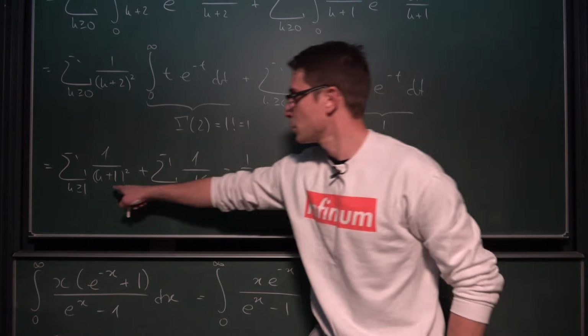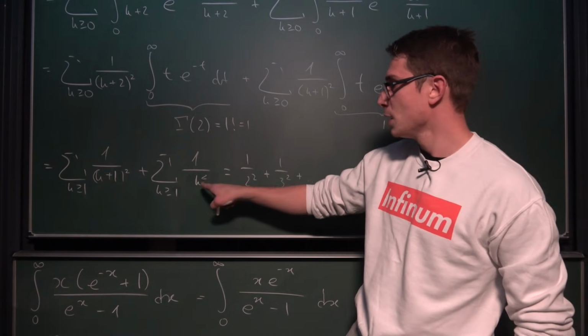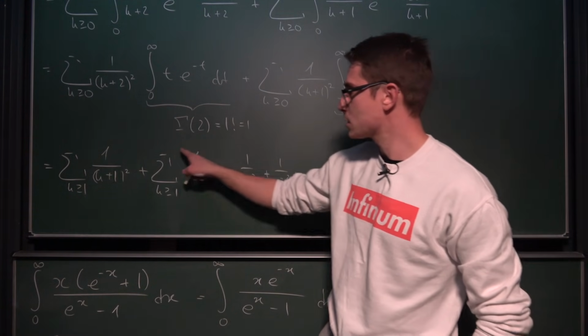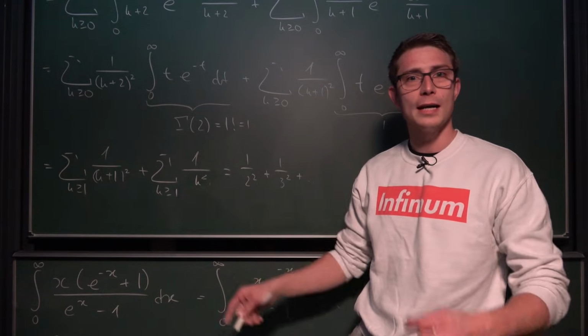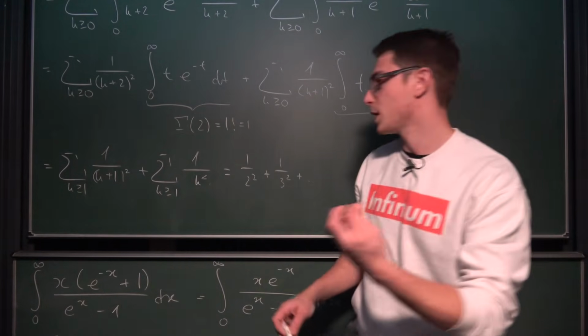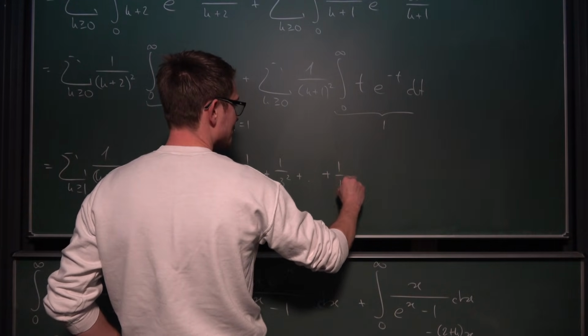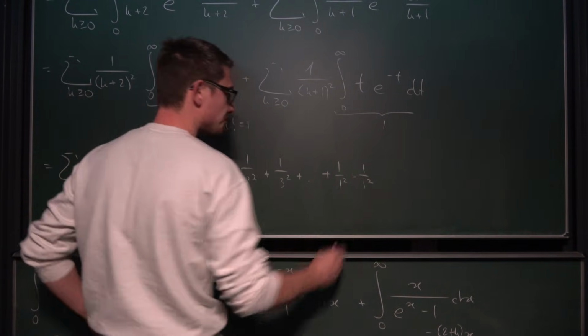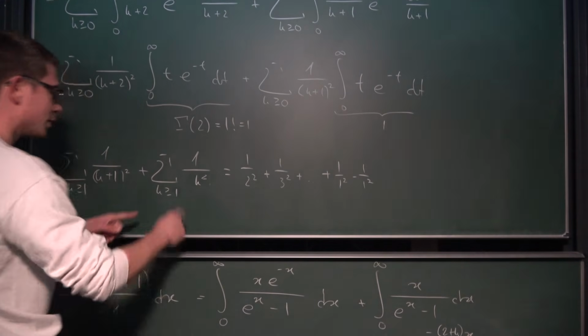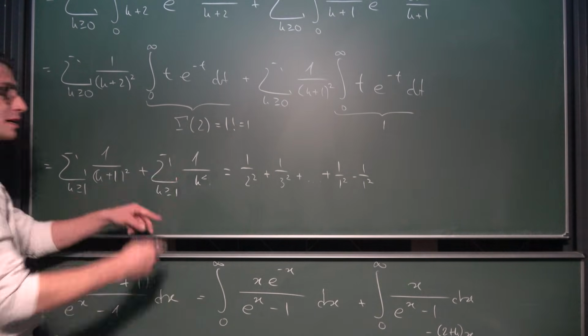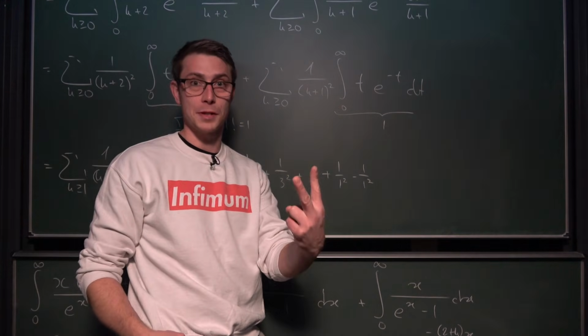If you compare those two, as mentioned a second ago, the only difference is that this series right here has a term of 1 divided by 1 squared at the very start. So if we were to add a plus 1 divided by 1 squared and subtract it once again, we are going to end up with this series that we have here exactly 2 times.